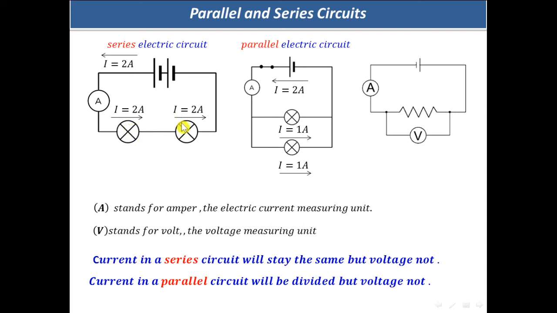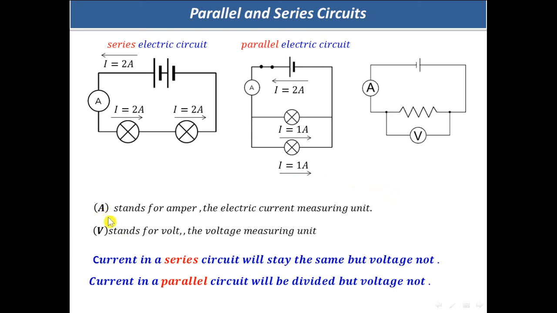But in a parallel connection, the 2 ampere will be separated. 1 ampere goes in this direction, the other 1 ampere comes in this direction, and they will be added again at this point, and they will go back as 2 amperes. So each load here will have 2 amperes going through it, and each load here will have half the amount of current going through it, because they are connected in parallel. This is what's important for you to know.